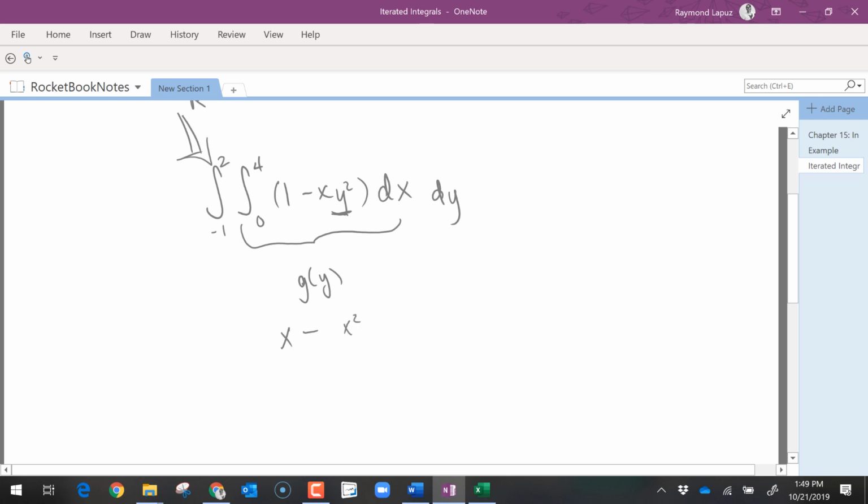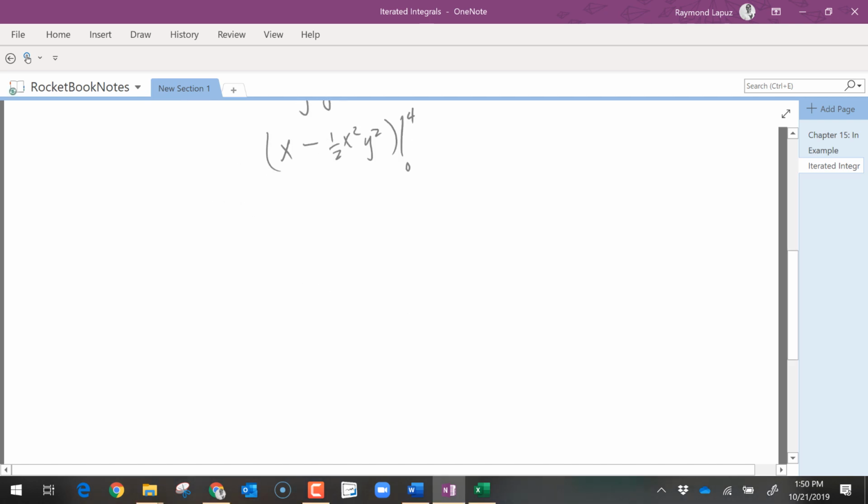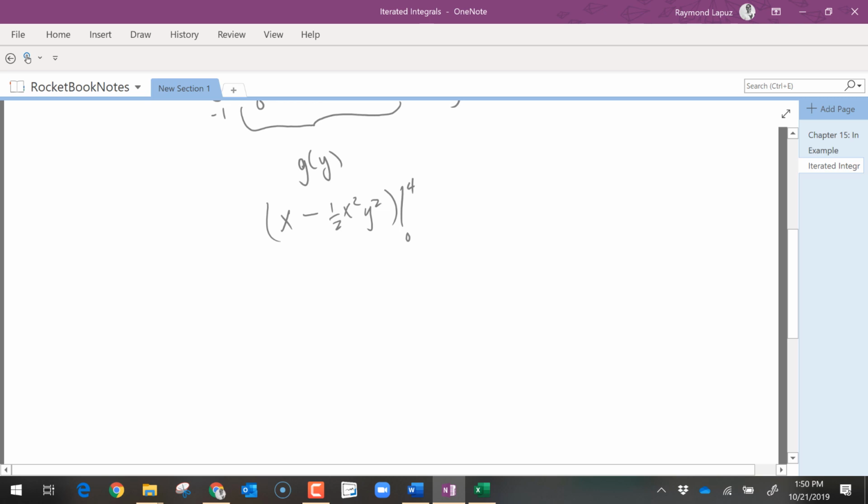It's x squared over 2 times y squared, because y squared is just a constant. And we need to evaluate this from 0 to 4, right? So let's put 4 in there. We're going to get 4 minus 1/2 times 16 times y squared, minus 0, because when you put 0 in for x, you're just going to get 0.